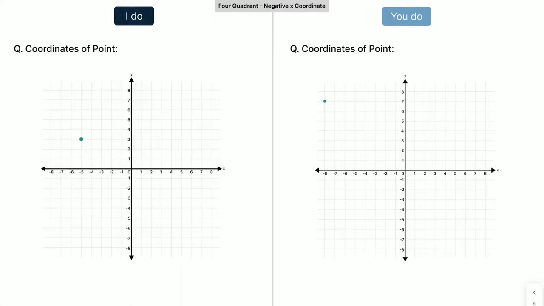So now we have a negative x coordinate, but again, we can do the exact same thing. We're going to read x and y. So if I circle that, x is going to be -5, y is going to be 3. Again, press pause and have a go at the one on the right. So this is going to give us x as -8 and y as 7.